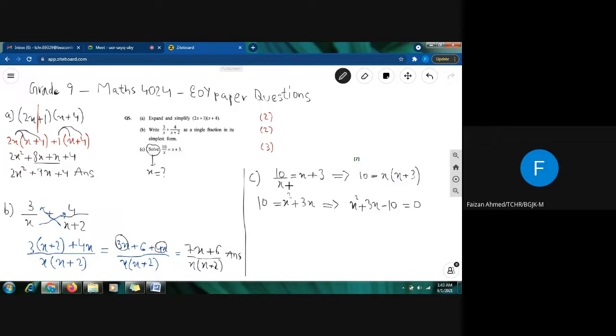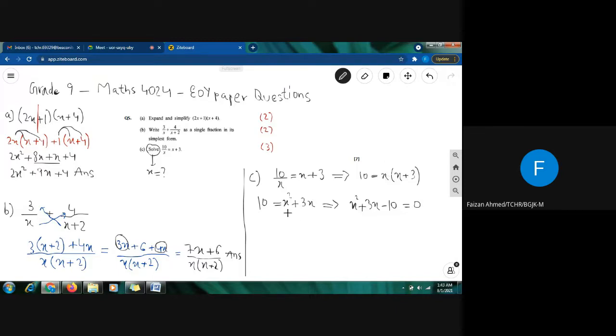Since I have to solve for x, I have to gather all the x on one side. So I will shift this x to the other side, and it will look like this: 10 is equal to x times x plus 3. I have to multiply this x with x and 3. So it will be 10 is equal to, when x is multiplied with x, this will give me x square, and when x is multiplied with 3, this will give me 3x.